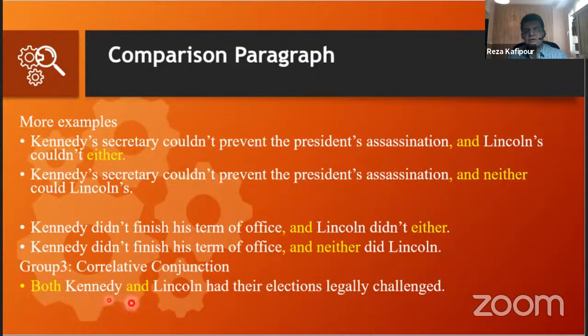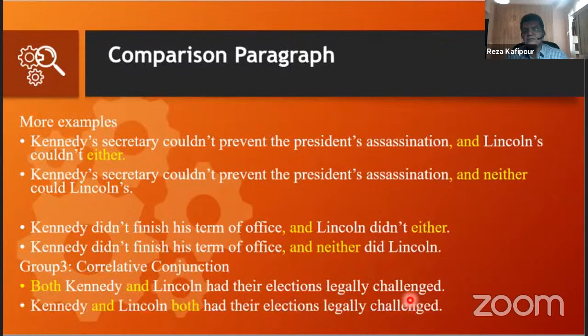We may use it in this way. For example, for Kennedy and Lincoln, we want to say that for both of them, the election was legally challenged. So how to show this idea? We say both Kennedy and Lincoln had their elections legally challenged.